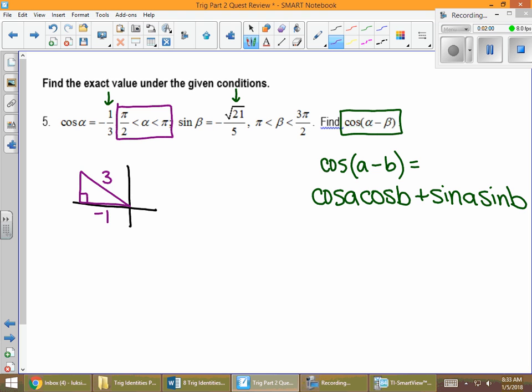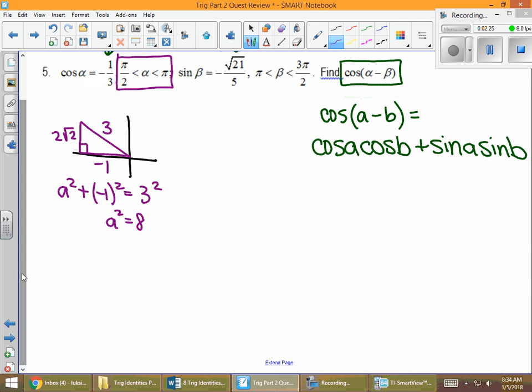Go ahead and pause and find that missing side for yourself. So you should have gotten a squared as 8. If we make that into simplified radical form, we can break down 8 into 4 and 2 and take the square root of 4, so it's going to be 2 radical 2.